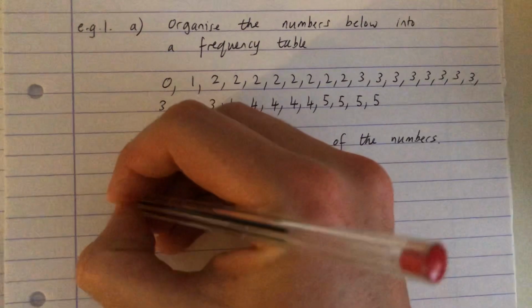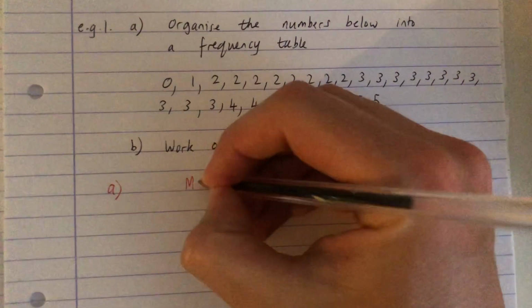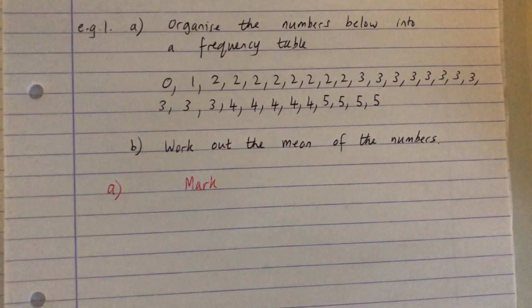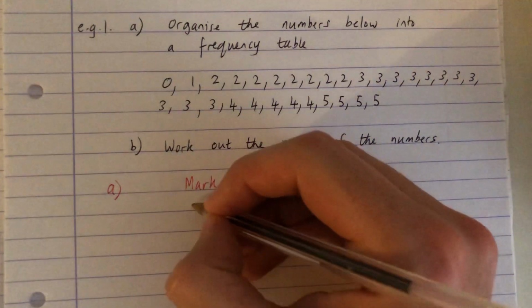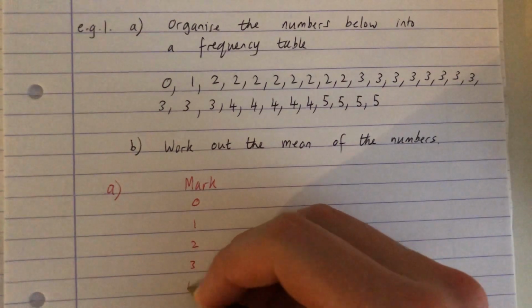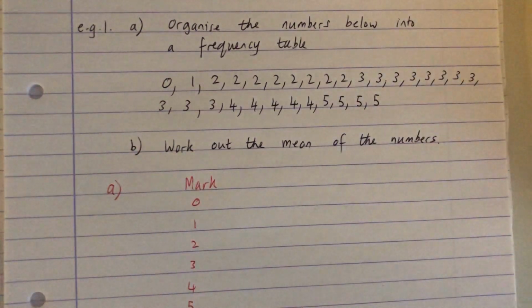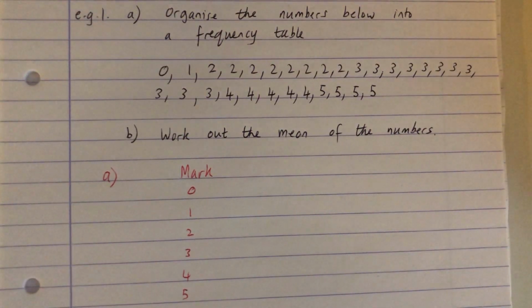Remember, this question is how many marks someone got on a particular question. So there's a column which is the number of marks. In this, you either could get 0 marks, 1 mark, 2 marks, 3 marks, 4 marks, or 5 out of 5 marks. Okay, and that's my first column.